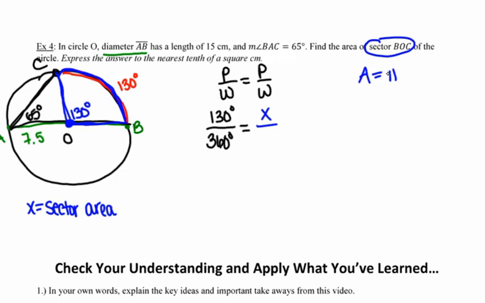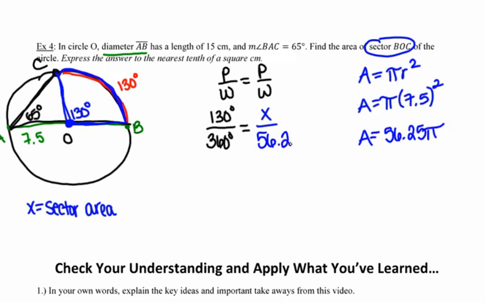So again, I'm stuck computing the area of that entire circle, where in this case the radius is 7.5. I didn't do this in the previous example, but you can go ahead and simplify that fraction, which will make the computations just a little bit friendlier.